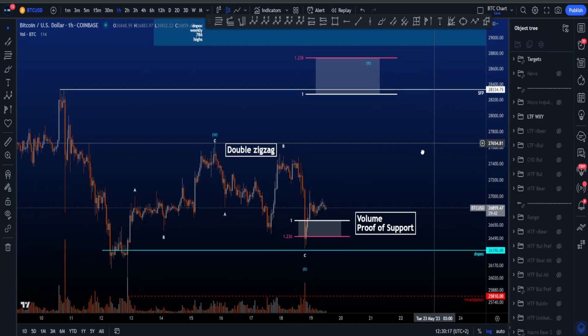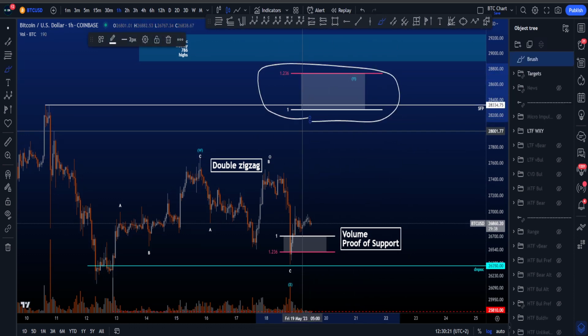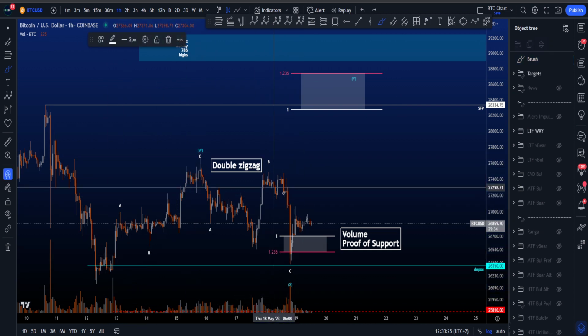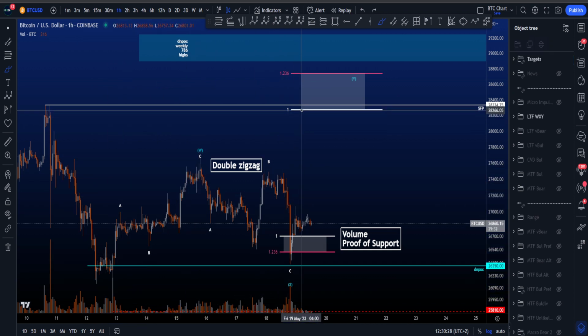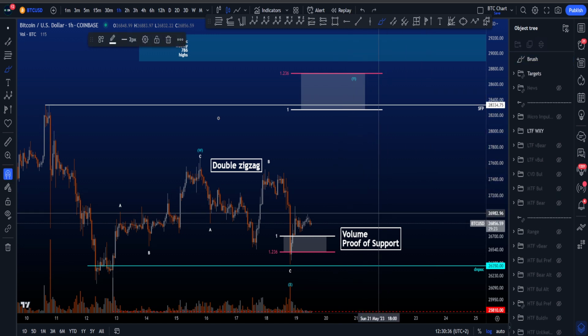In this particular scenario, we then look for the target of wave Y to be between the 1 and the 1.236, taken from the low to the high of W to then the low of this wave X. And this target area is between 28.2K and 28.7K, which also includes the highs over here for potentially a liquidity grab and a move to the downside.